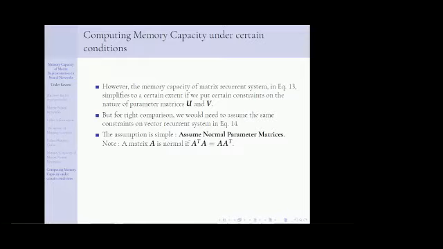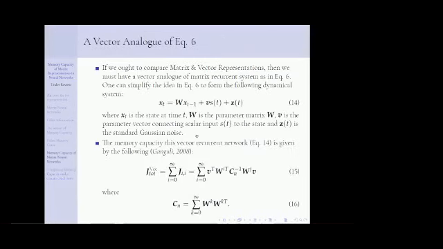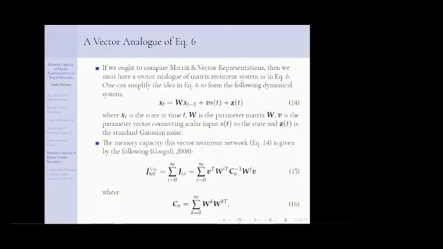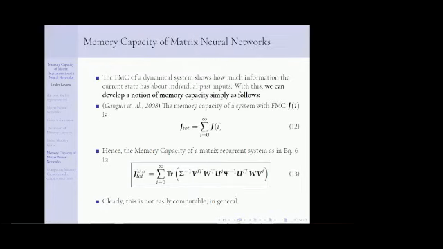If we assume that, then both equation 13 and 15 simplify to a large extent. But if we want to compare equation 15 and equation 13 under some assumptions, then we must use the same assumptions for both of them.